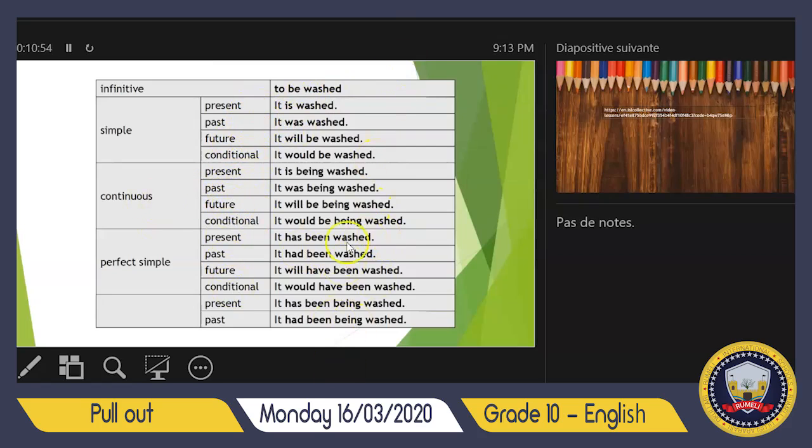You can read these examples and try to practice changing an active sentence to a passive sentence. Example, let's pick one here on the board. Let's pick the future simple here. Okay? It will be washed. What will be washed? Something. You can add any object here. Okay? Has to practice.